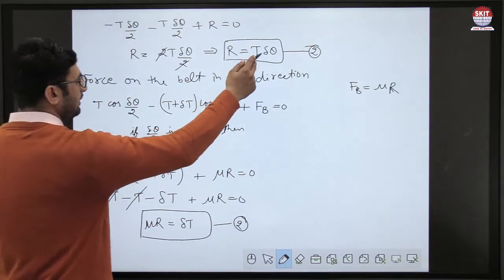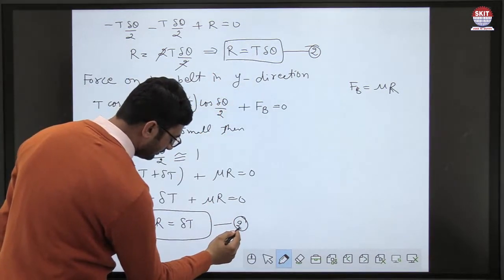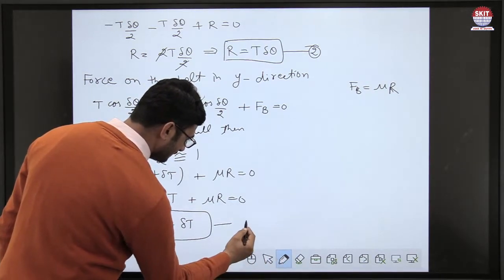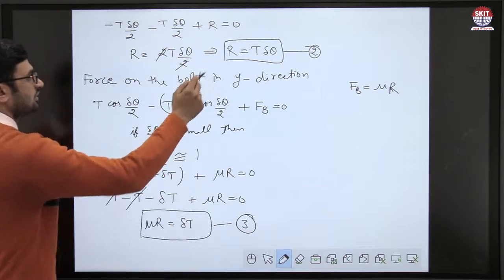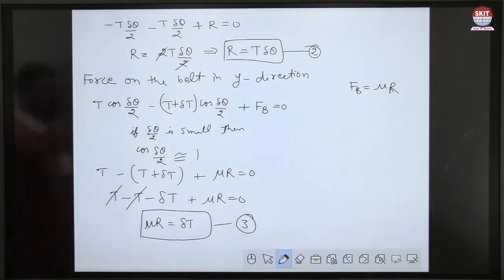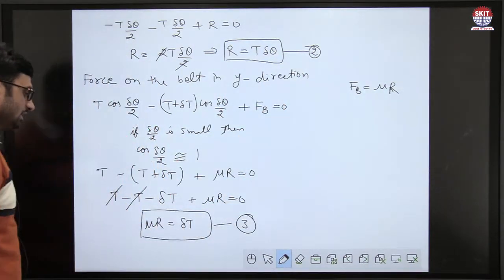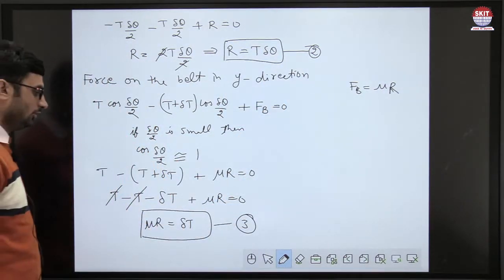Sorry, this is equation 3, and that one was equation 2. We put the value of R from equation 2 into equation 3 and find out the value of T1 and T2.